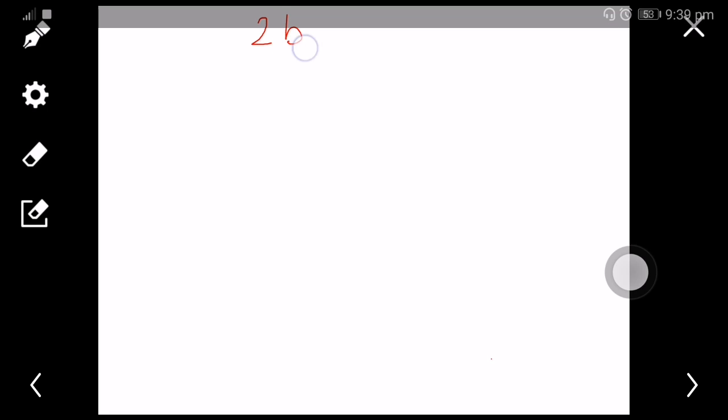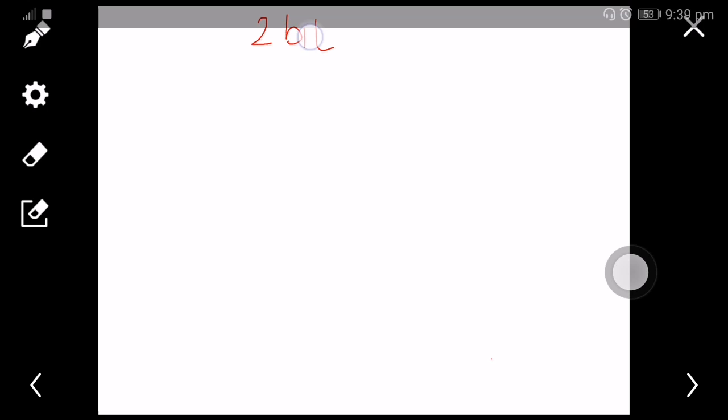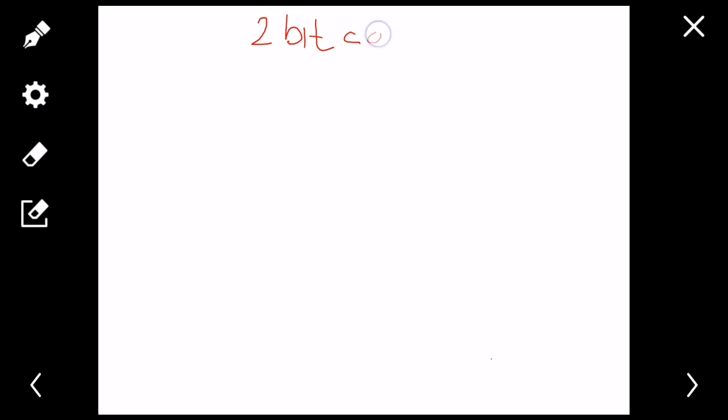I'm going to give you an example of a simple 2-bit counter. Let's talk about it.